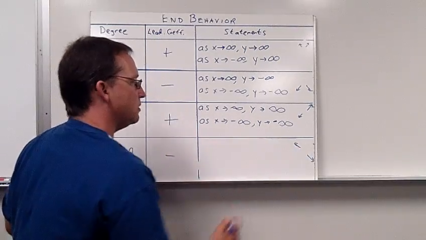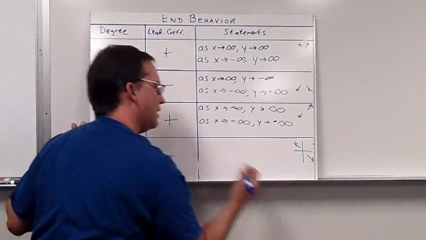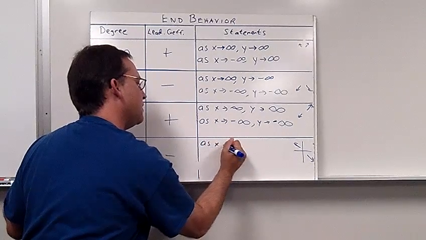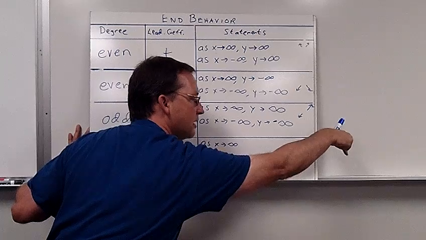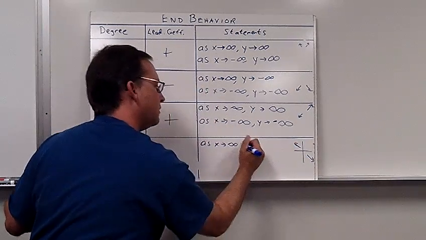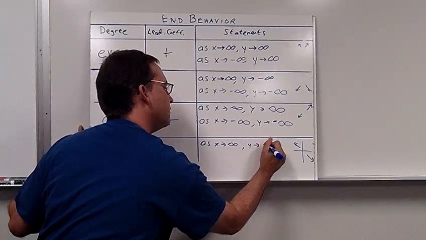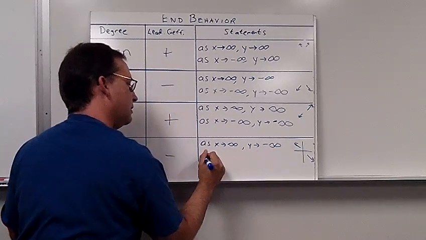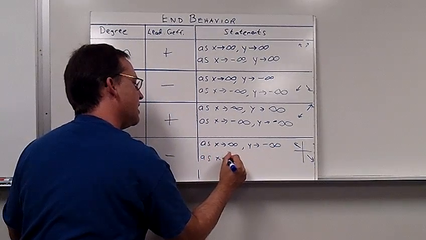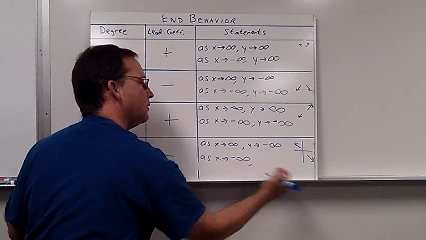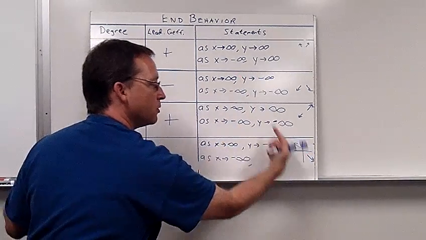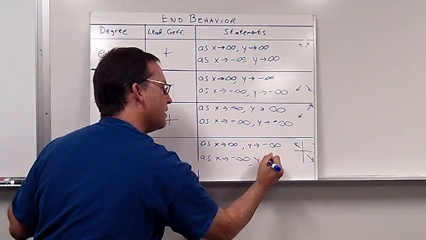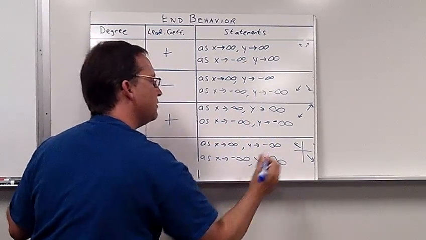So in this situation, as x approaches infinity, right, as x gets bigger and bigger and bigger, y is getting more and more negative. Y is approaching negative infinity. As x approaches negative infinity, more and more negative, y is going to get larger and larger. The y values are approaching positive infinity.